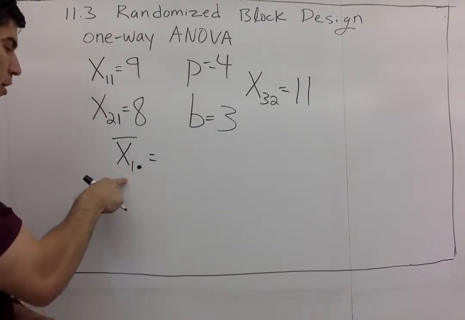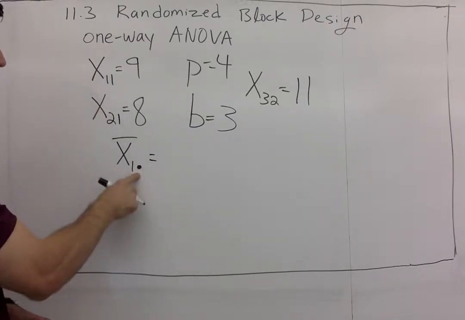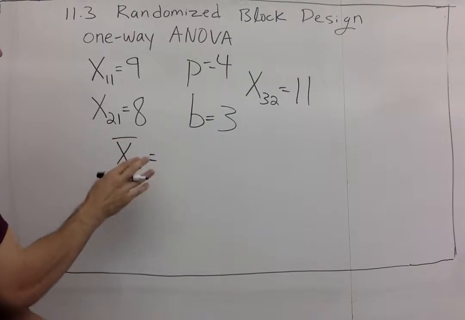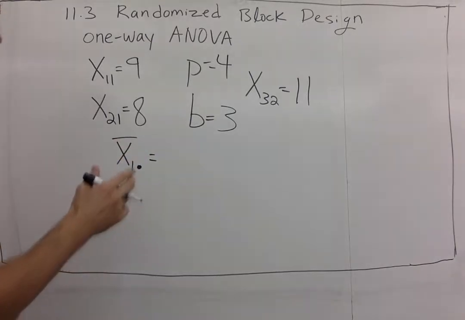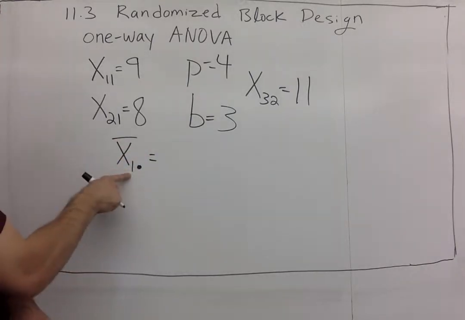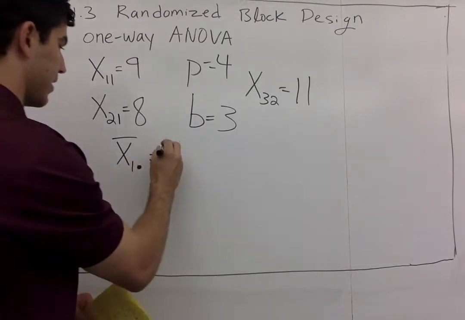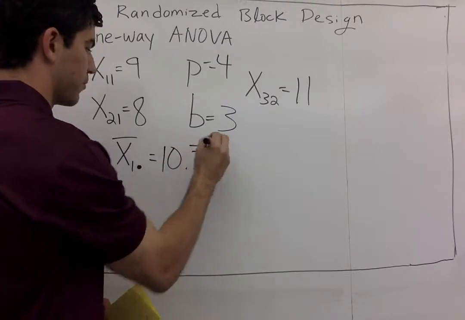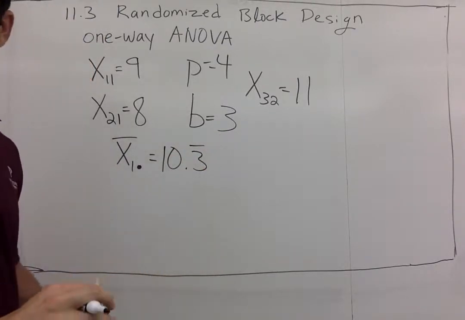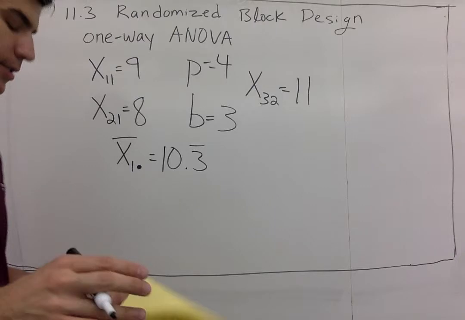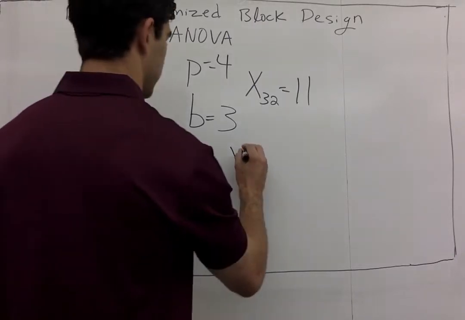X bar 1 with the dot. This representation indicates the average for production method 1 for all of the supervisors, all of the blocks, and that is 10.3. And you can see these values in the table, and it goes on.